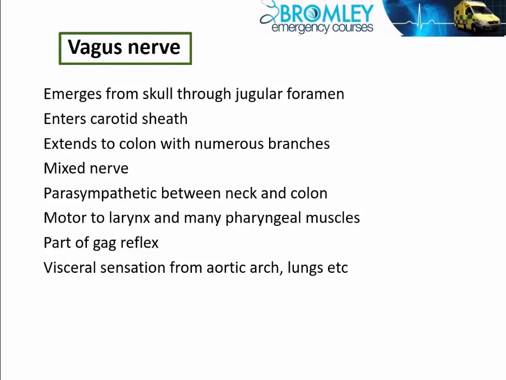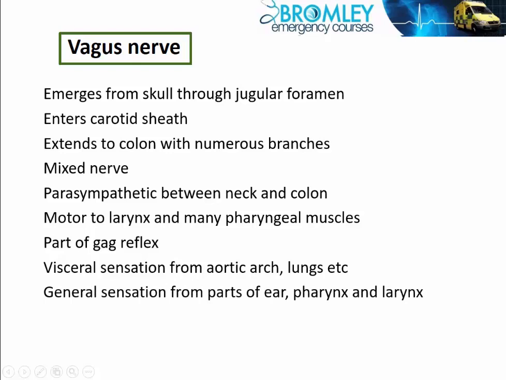The vagus also has special sensory afferents from the lungs, and this is where your Hering-Breuer reflex and your J receptors, all the afferents travel in the vagus nerve to the brain. And finally, as if that's not enough, you've got ordinary general sensation, so somatic sensation from parts of the ear, pharynx, and all of the larynx, all of the sensory afferents in the larynx travel in the vagus nerve. So it has a wide range of functions.